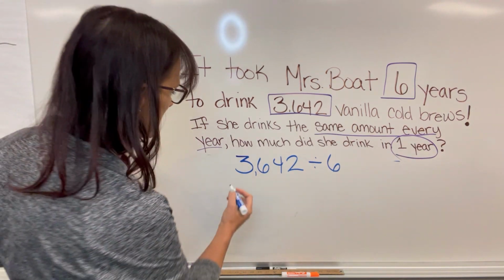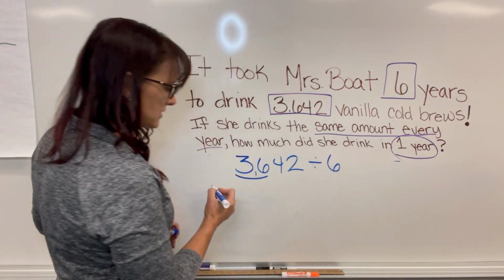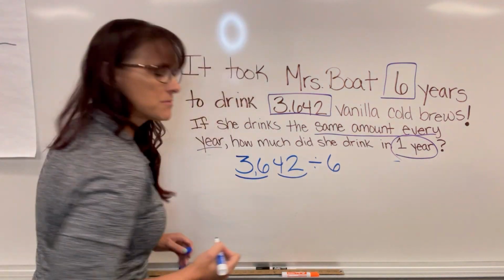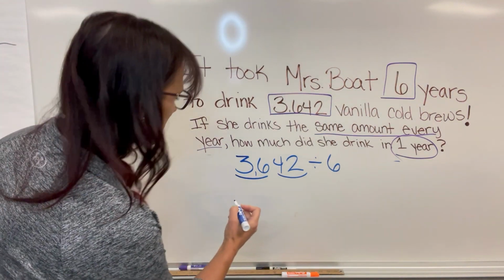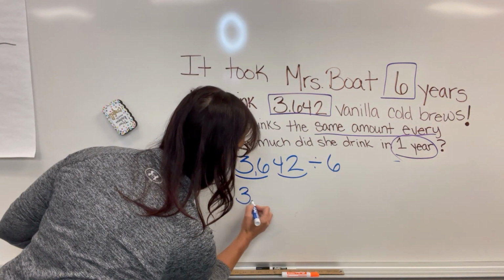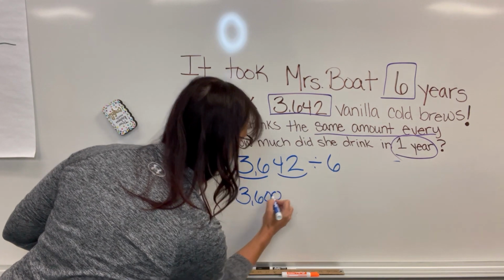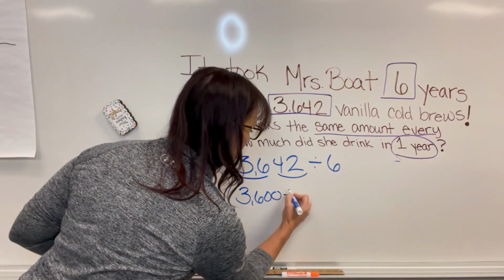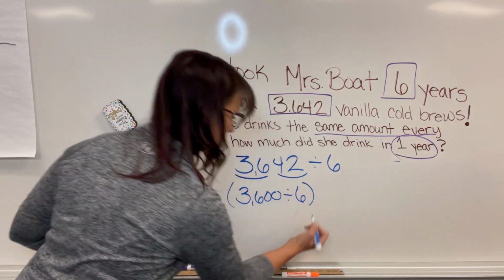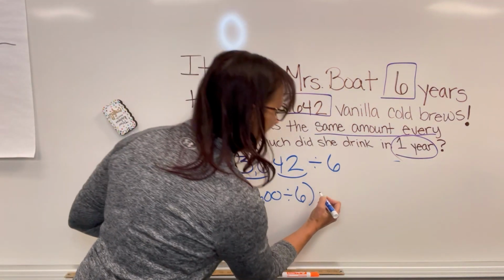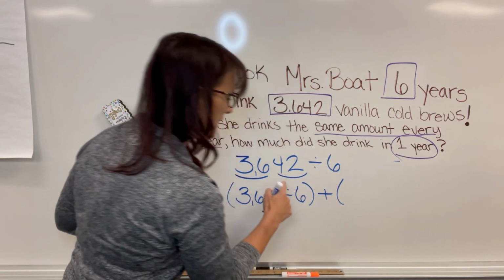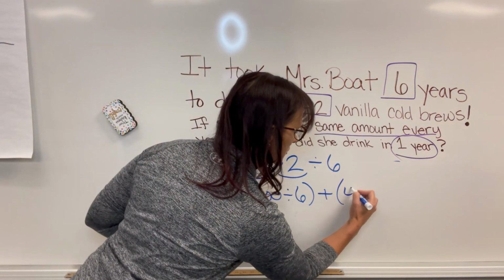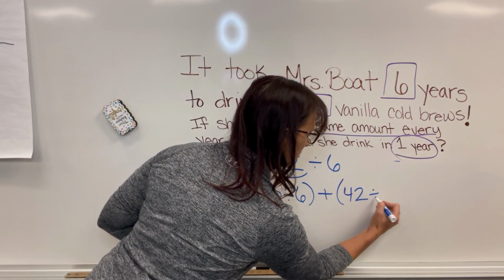I'm going to take this chunk, and then I'm going to take my tens and my ones. So I'm going to start with 3,600. That's my thousands and my hundreds. I'm going to divide that by 6. And I'm going to add it to what I get when I do 42 divided by 6.